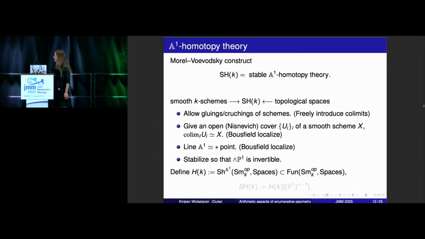So here's the unstable A1 homotopy category. It can be viewed as these A1 invariant sheaves inside pre-sheaves of topological spaces on smooth schemes. And then the stable A1 homotopy theory we get by inverting P1.